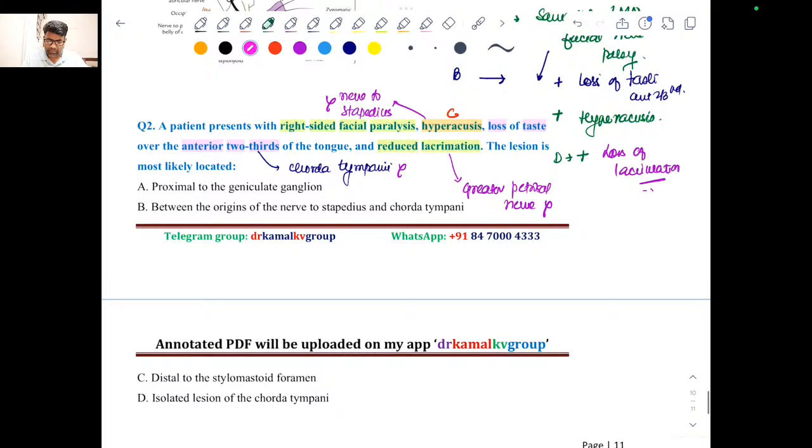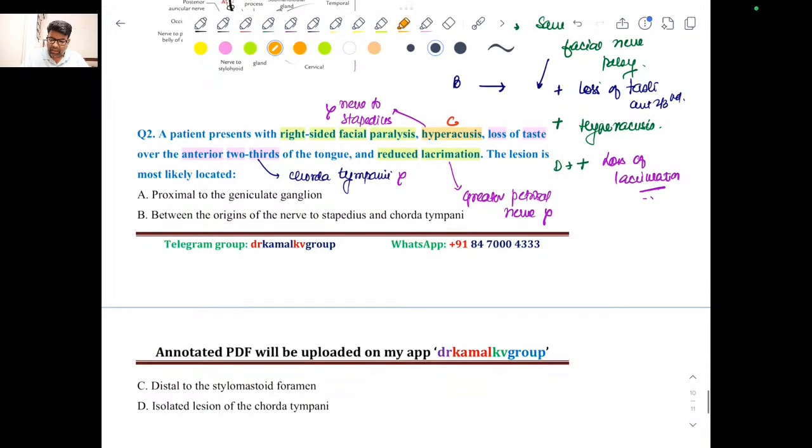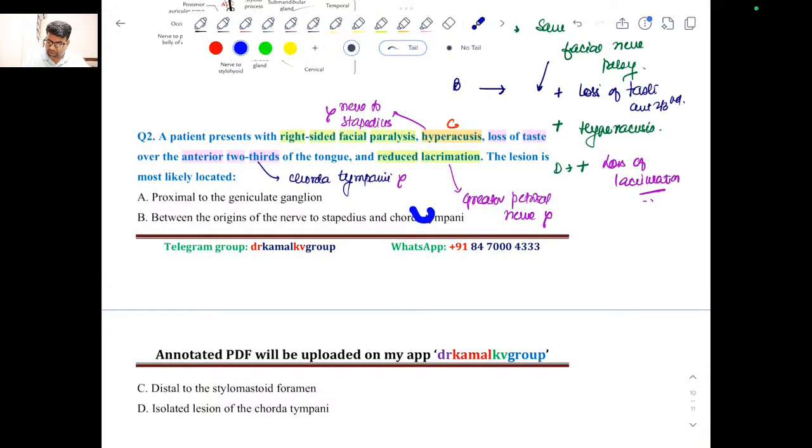So Arka is saying B. No, if the lesion is between the origin of nerve to stapedius and chorda tympani, obviously it will involve only chorda tympani, and this will be normal. Suppose this is the facial nerve. Now this is the nerve to stapedius.